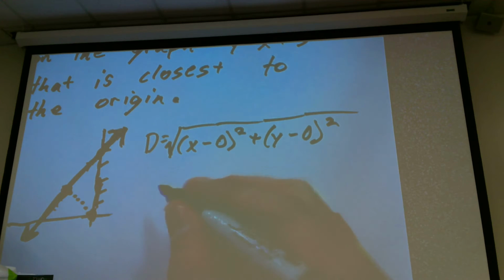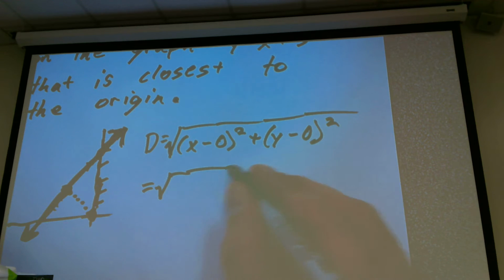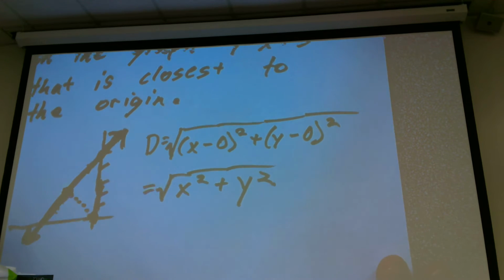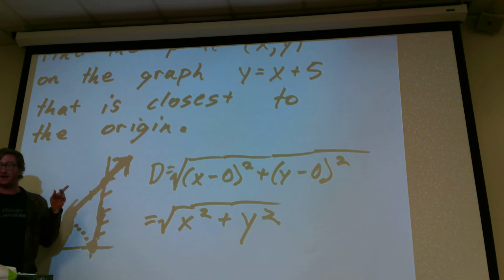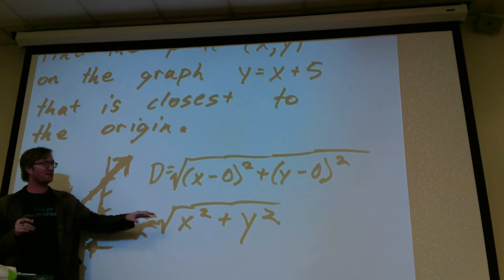So that would be the square root of just x squared plus y squared.